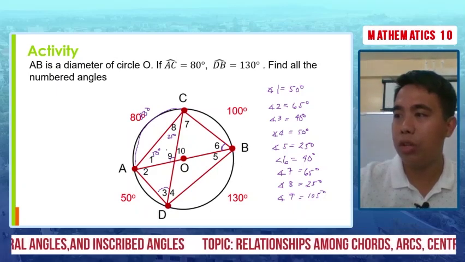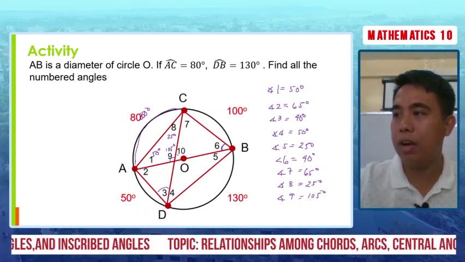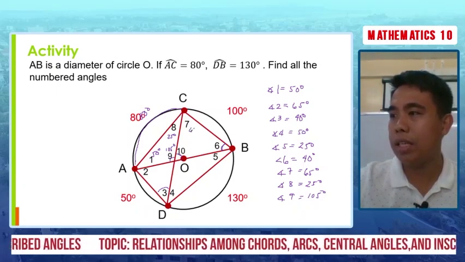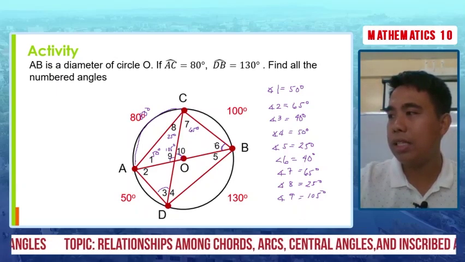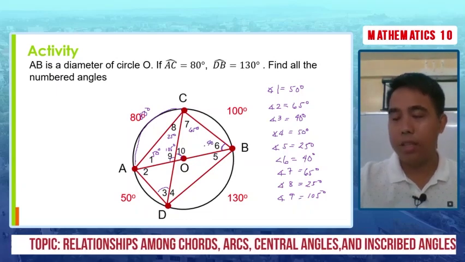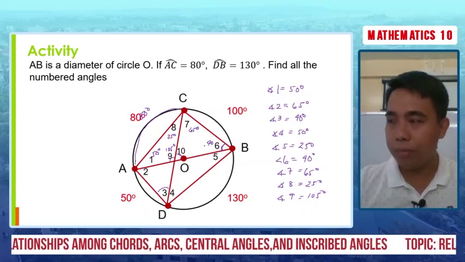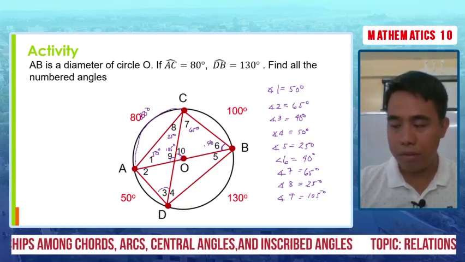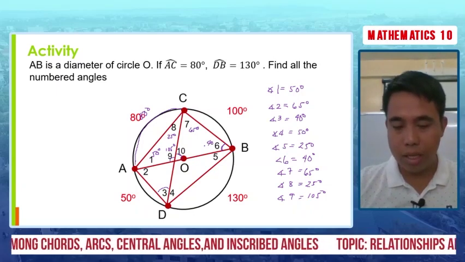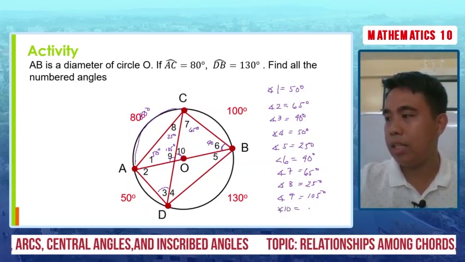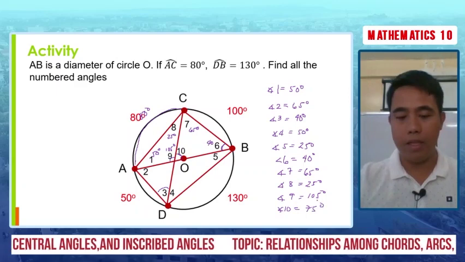So the measure of this is 105 degrees. Now let's proceed to angle 10. The same way. Angle 7 is 65 degrees. Angle 6 is 40 degrees. Sum of interior angles of a triangle, 180. So 180 minus 65 minus 40 is 75 degrees. So angle 10 is equal to 75 degrees.